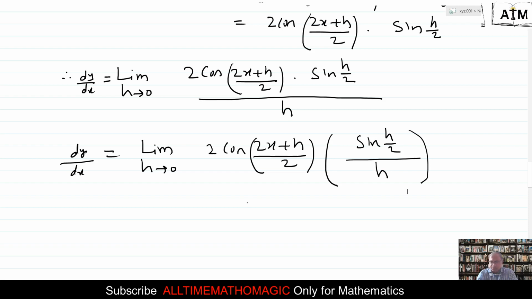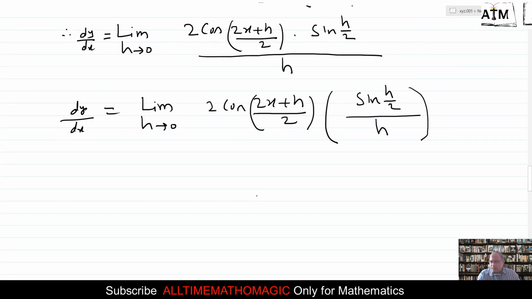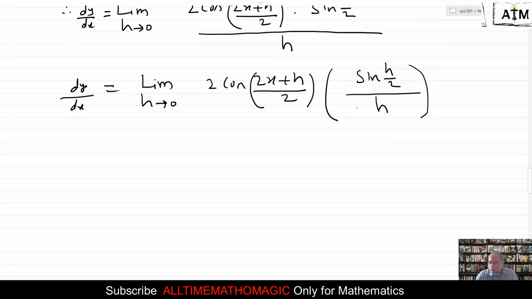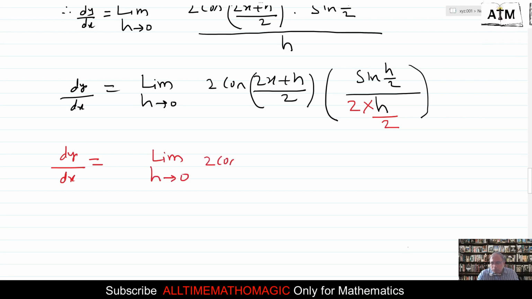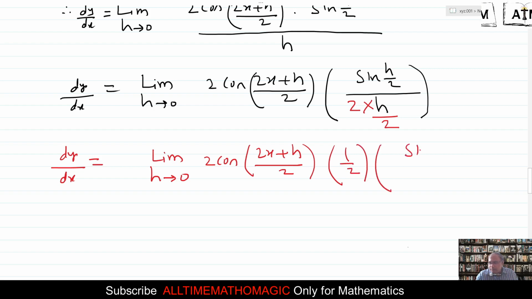We rearrange the terms and multiply and divide by 2. So dy by dx equals limit h tending to 0 of 2 cos of (2x plus h) by 2, with 1 by 2 outside, and sin h by 2 upon h by 2.